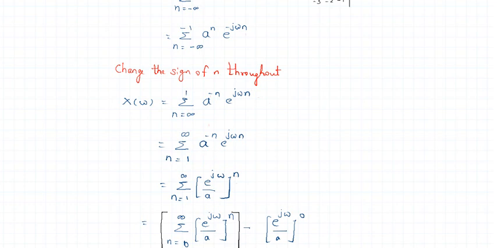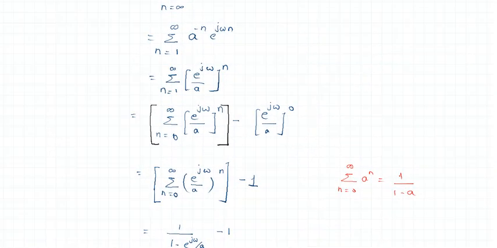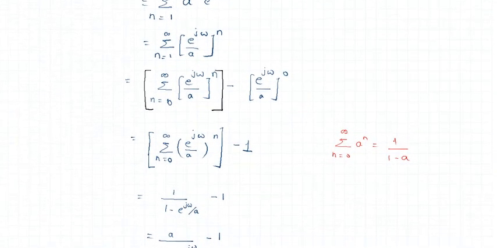Further, to solve this we need to apply an identity: the sum over n from 0 to infinity of a^n is 1 upon 1 minus a. This is the summation identity we are going to use.